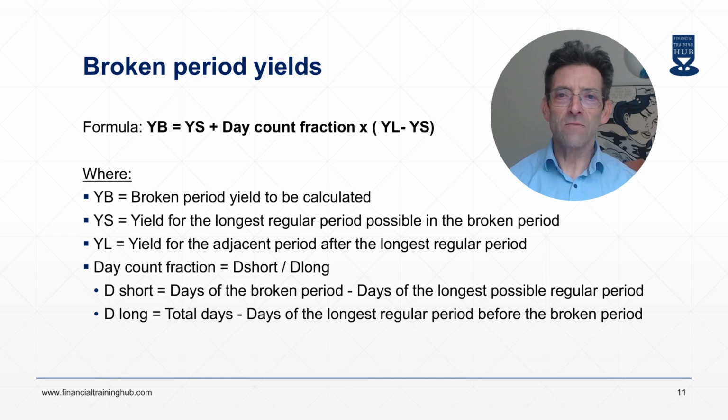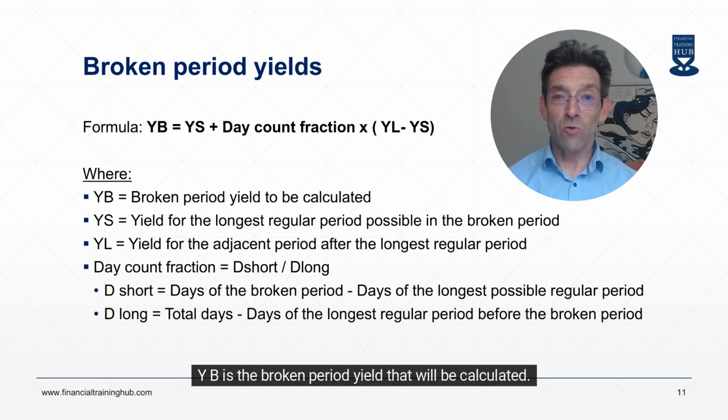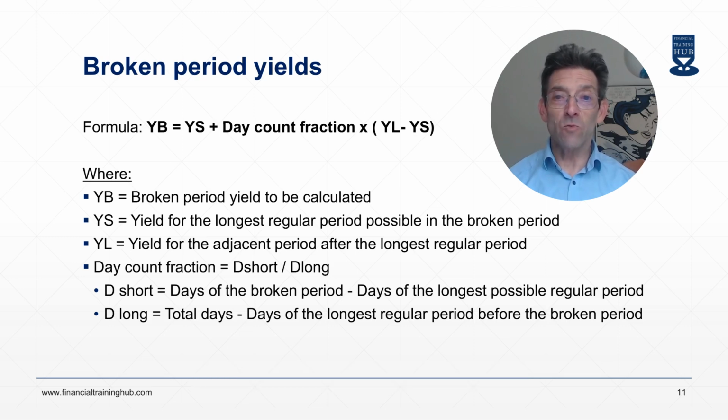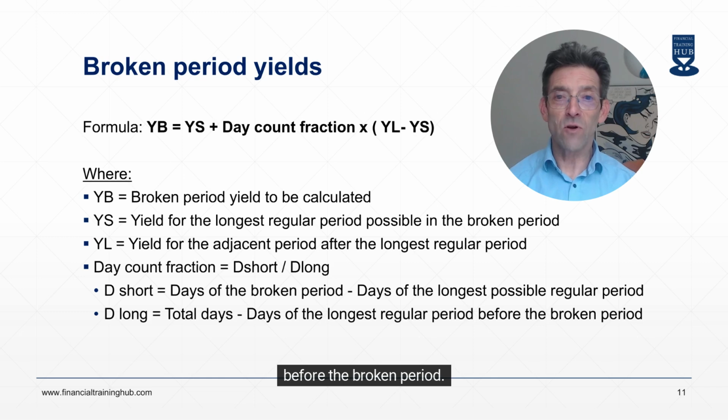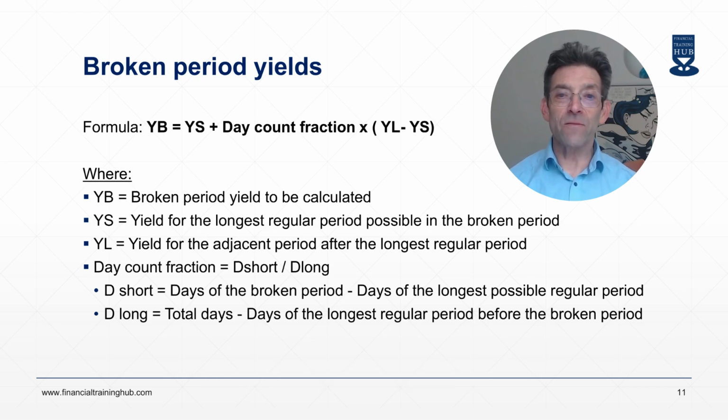In this formula, YB is the broken period yield that will be calculated. YS is the yield for the longest possible regular period before the broken period. YL is the yield for the adjacent period after the longest possible regular period. The day count fraction is calculated by dividing D short by D long.